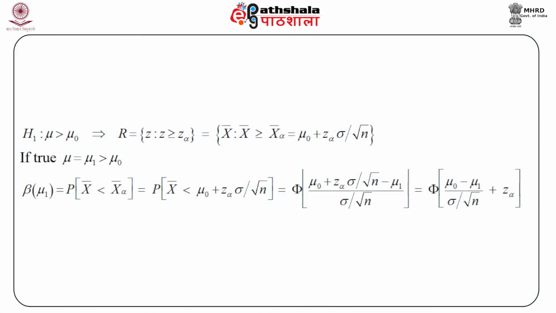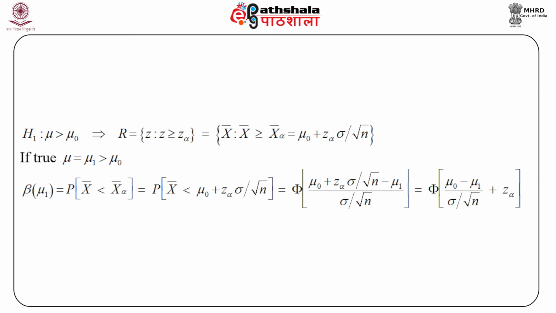So our null hypothesis is that mu is equal to mu 0. We can consider the three alternative hypotheses, which is H1 of mu greater than mu 0, where our rejection region is z such that z is greater than or equal to z alpha, and this is equal to x bar such that x bar is greater than or equal to x bar alpha, equal to mu 0 plus z alpha into sigma by root n.